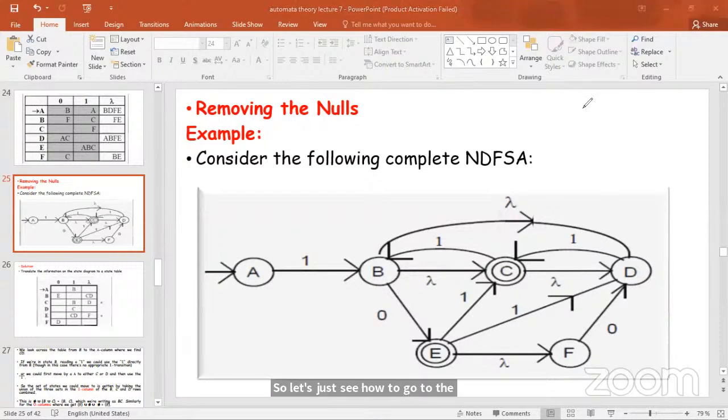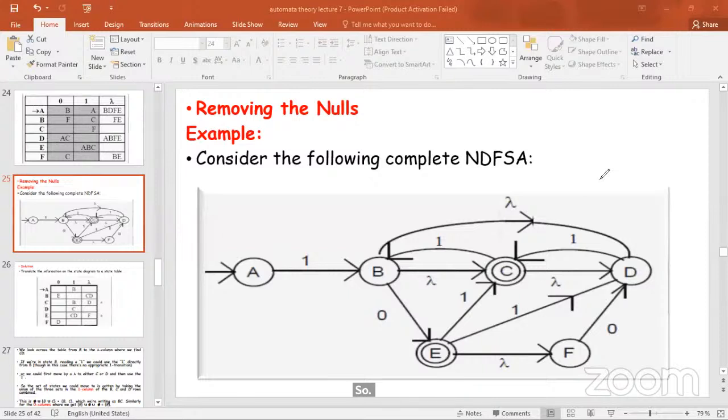So how many states do we have? 6. Okay, so how many accepting states do we have? 2. What are they?